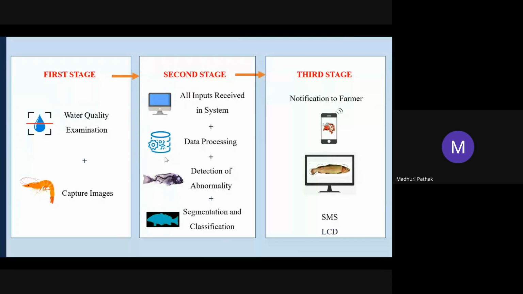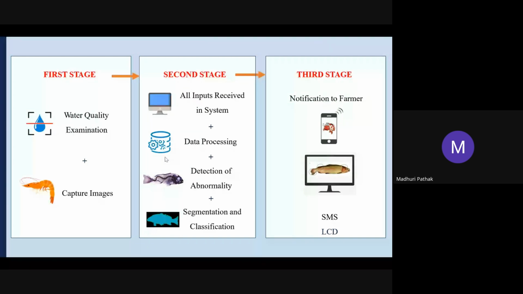Okay, so if any deviation from the normal water quality parameters is there, that will be a stressful scenario for the aquaculture, because of which the fish's inner immunity will fail to resist the infection from the parasites or bacteria or any pathogen for that matter. Okay, so water quality is the most important parameter. So in the first stage this AI will examine the water quality, then it captures the images.